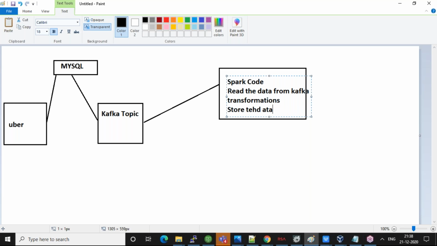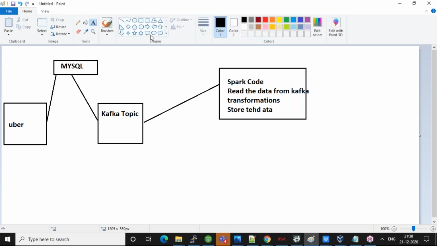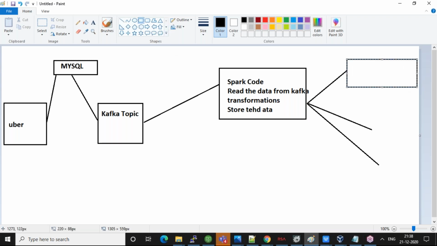Where you want to store the data is your wish, according to the client requirement. Once this data is processed, you have lots of options. First, you can store this data into Hive tables.